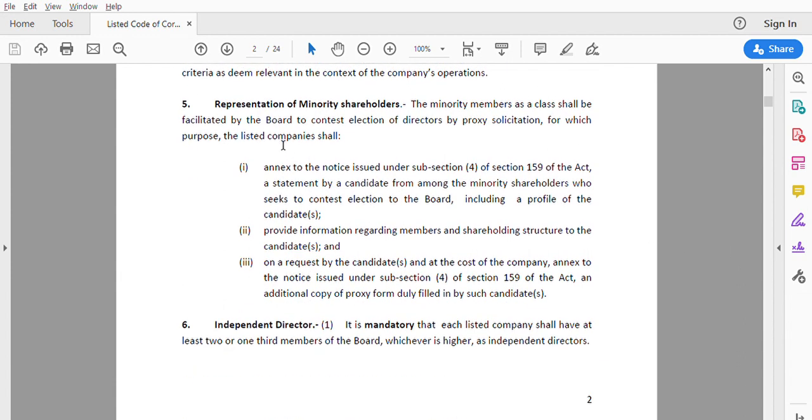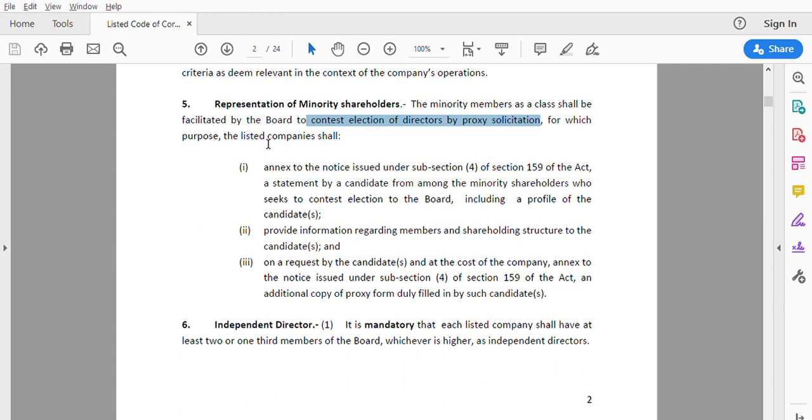Then there is representation of minority shareholders, which means that the company does the elections, and of course the majority shareholder usually nominates its nominees, hence leaving less room for the minority shareholder. In this you can read that the minority members as a class will be facilitated by the board to contest the election of directors by proxy solicitation.